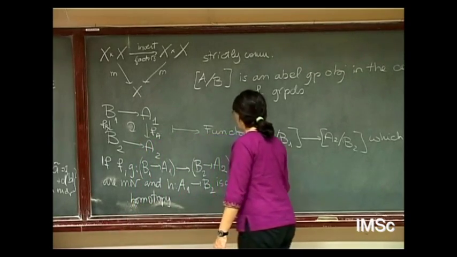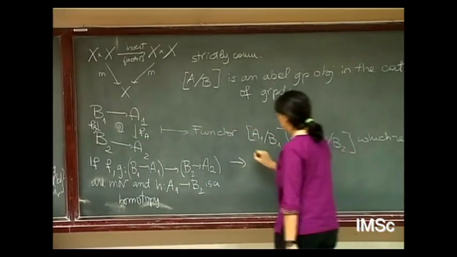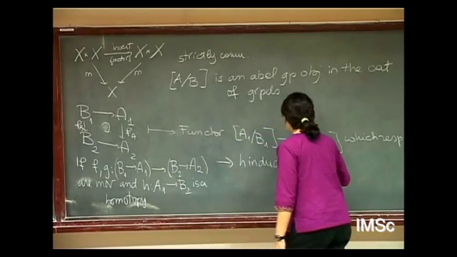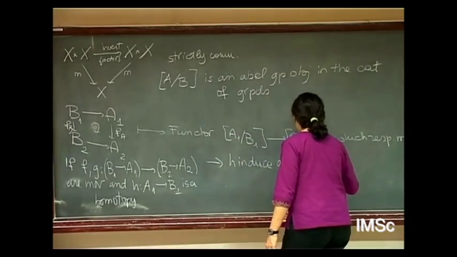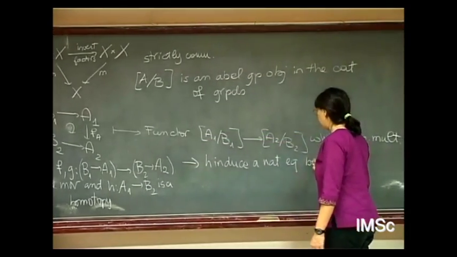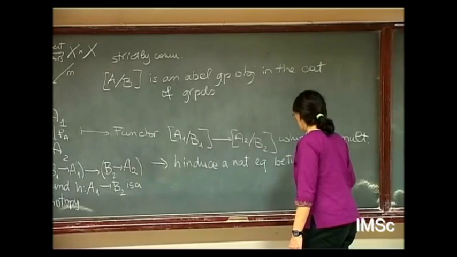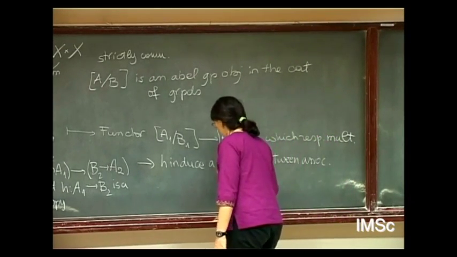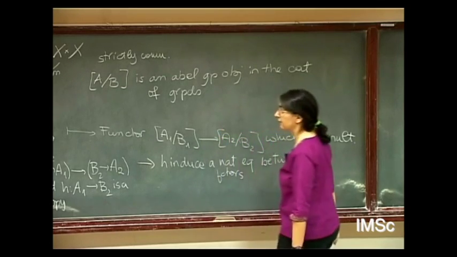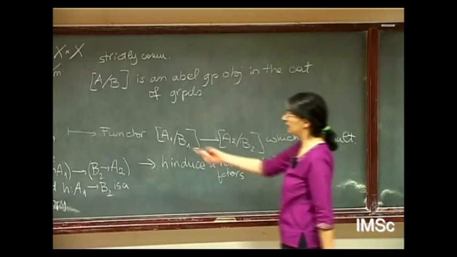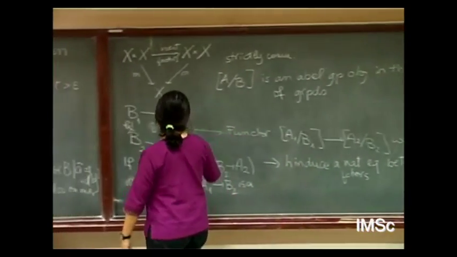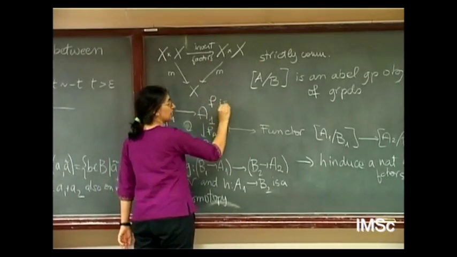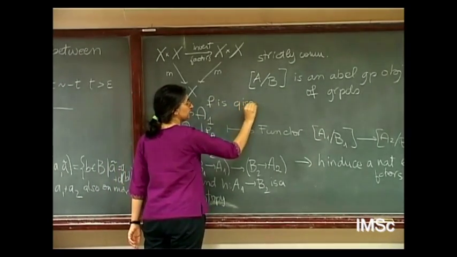Then h induces a natural equivalence between the associated functors. And finally, such an f is a quasi-isomorphism.